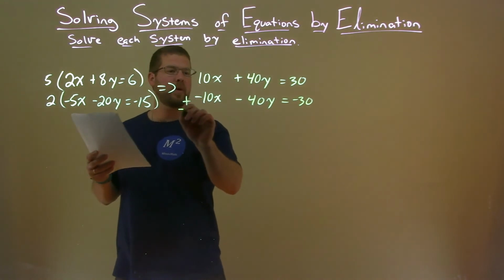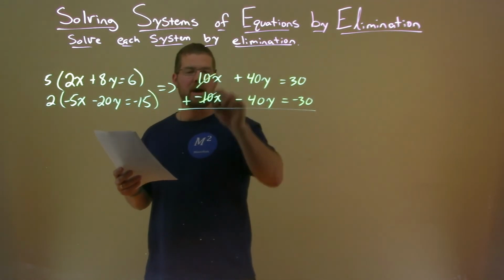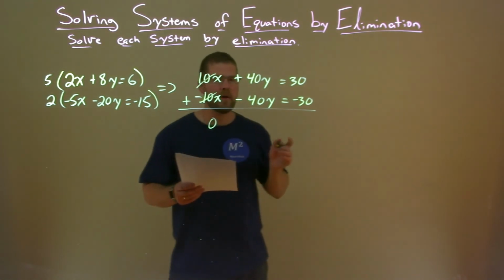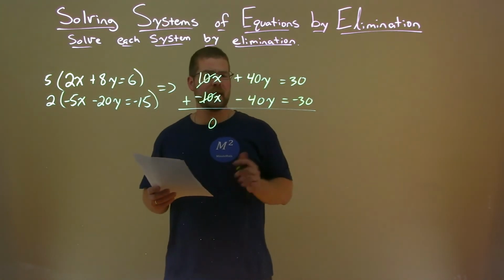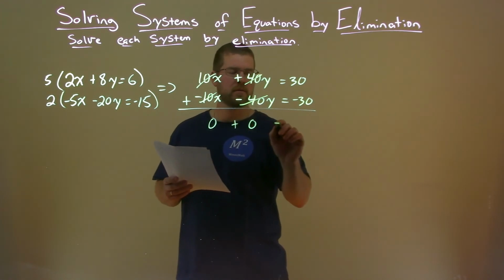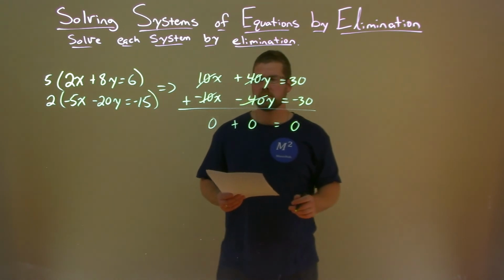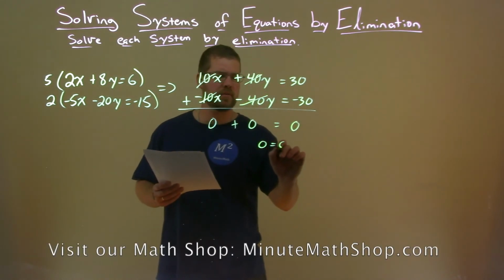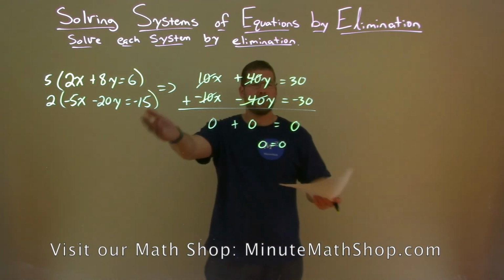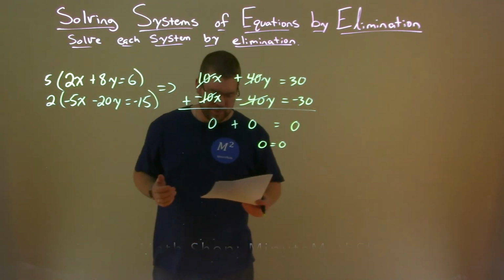We add the two equations together. 10x plus a -10x is 0. That was our goal from the beginning. Great. Next, 40y plus a -40y is 0 as well. 30 plus a -30 is also a 0. So 0 equals 0. It's a true statement, but we have no variables. All of our variables were eliminated. So what does that mean?